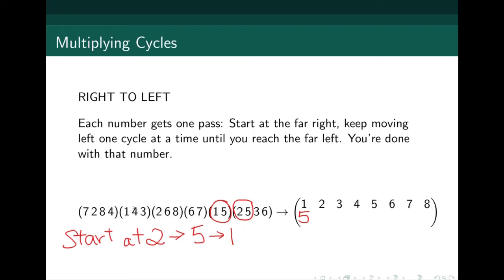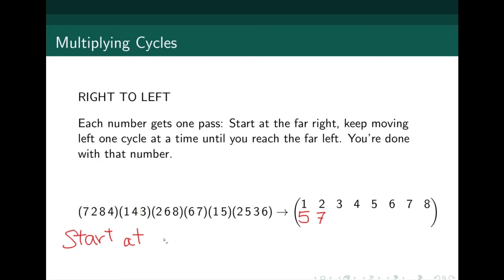Nothing happens to 1 in the next cycle. In the next cycle, we see that 1 goes to 4. So now we're at 4. And in the very last cycle, we see that 4 goes back to the beginning, which is 7. Now we're out of cycles, so we're completely finished with processing the 2. The 2 ends up at 7. So 1 goes to 5, 2 goes to 7.